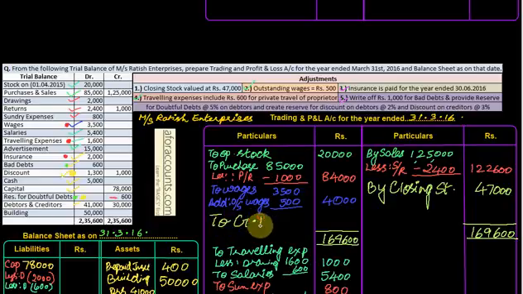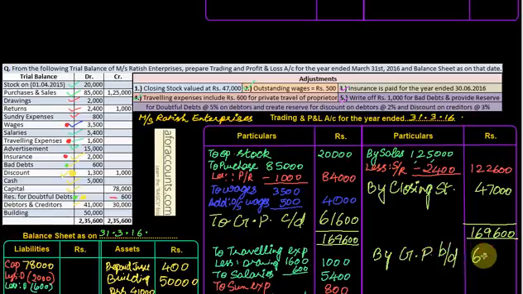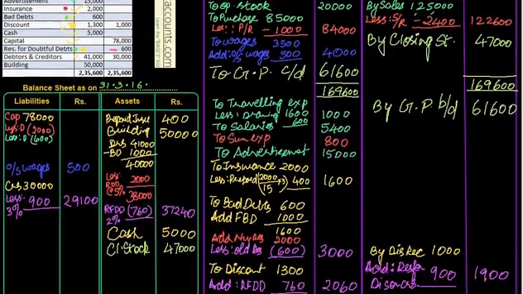To gross profit carried down, minus the 3 items, 61,600. Okay, and here by gross profit brought down 61,600.